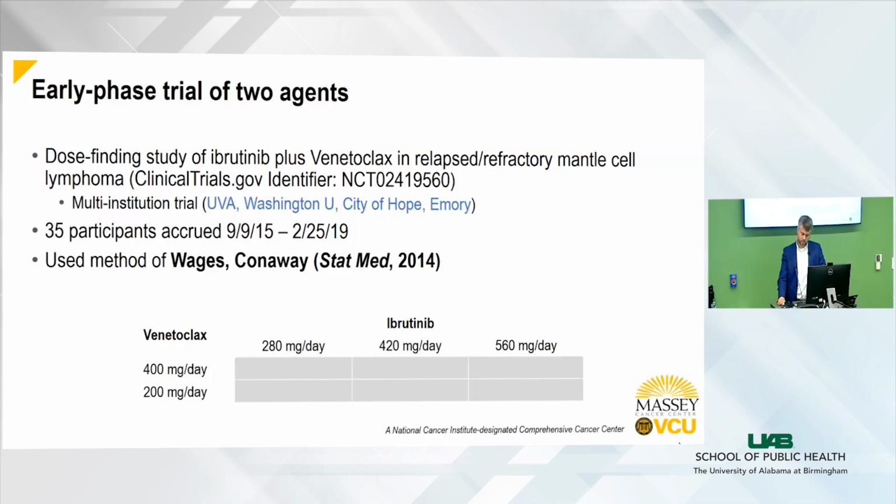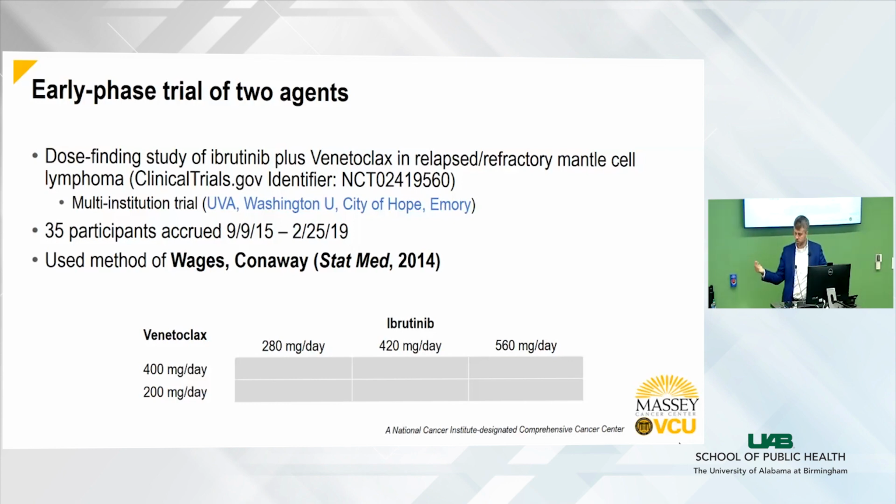This was a multi-institutional trial between the University of Virginia, Washington University, St. Louis, City of Hope and Emory. 35 participants were accrued between 2015 and 2019, and used some methodology, basically a continual reassessment method extension for both toxicity and efficacy to be used in drug combinations that was published in 2014.